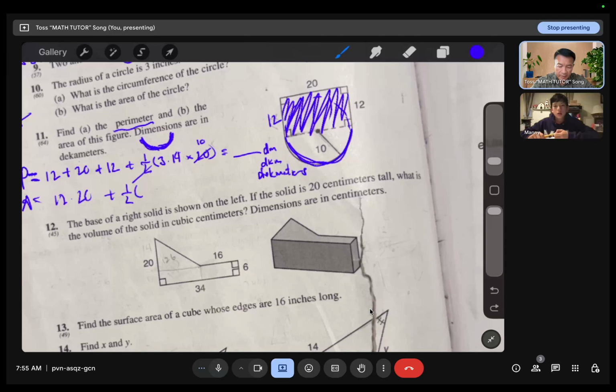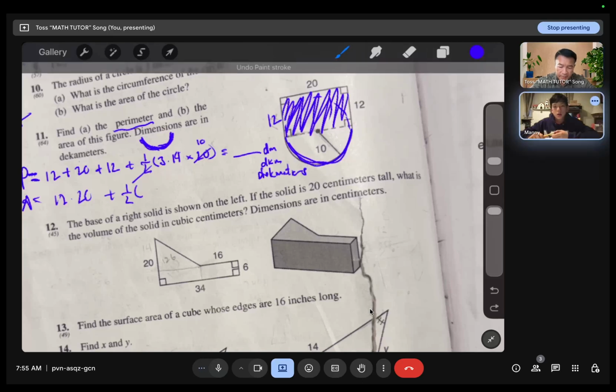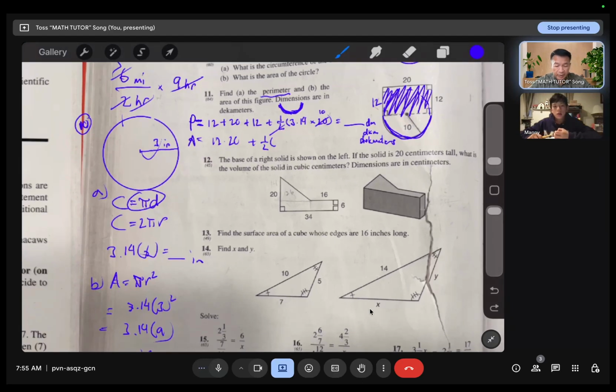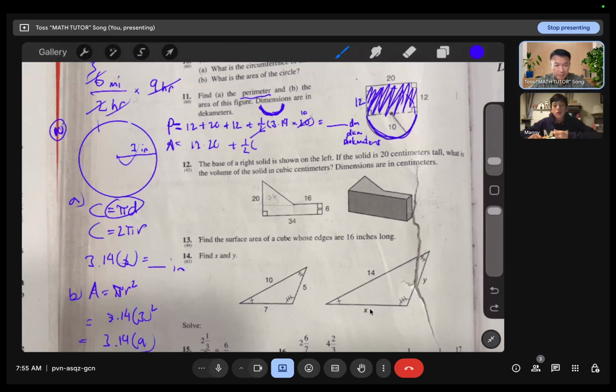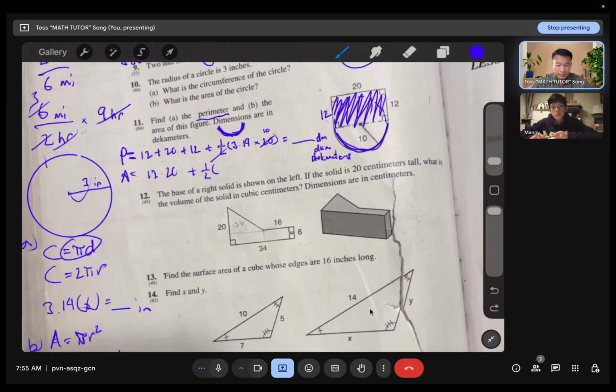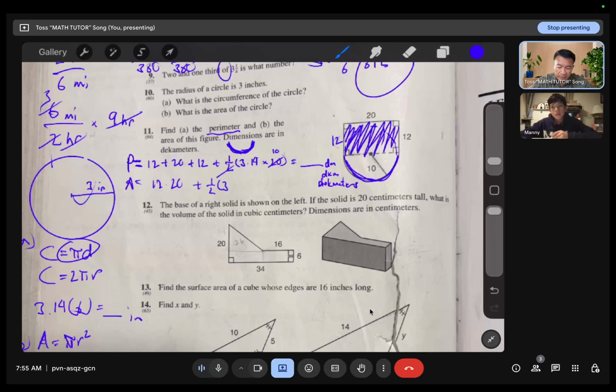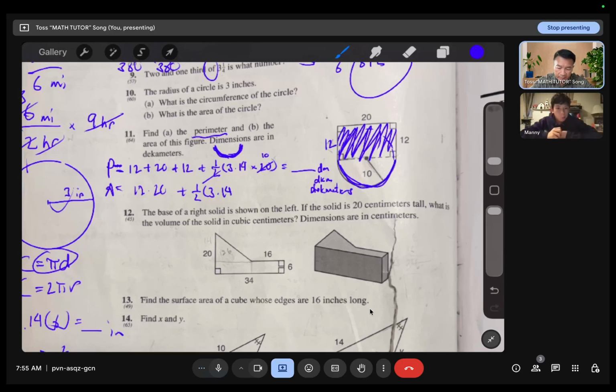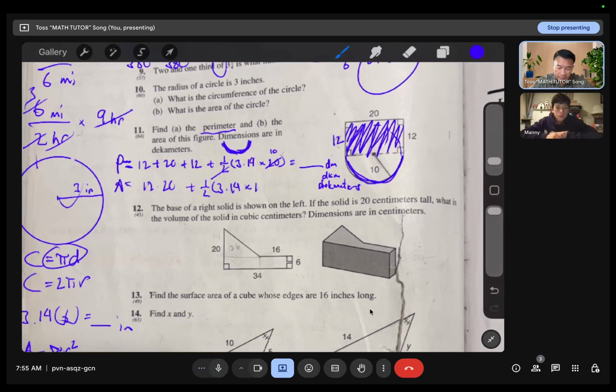Okay, the area of the whole circle, it's pi r squared, right? 3.14 times 6 squared, right? So that means you already have the half. You already cut in half. So 1/2 times 3.14 times the radius squared. Is that okay?